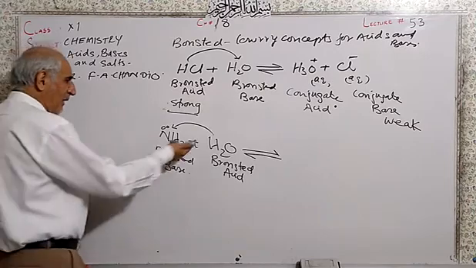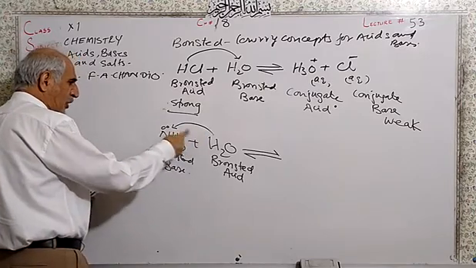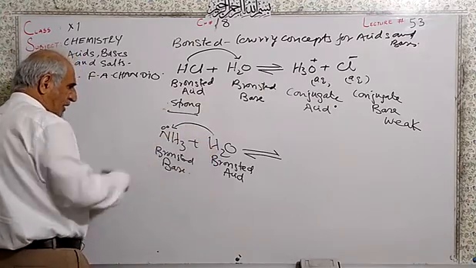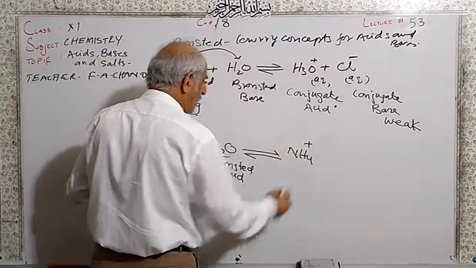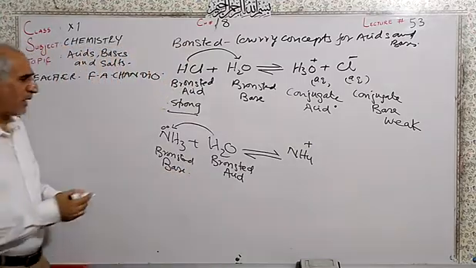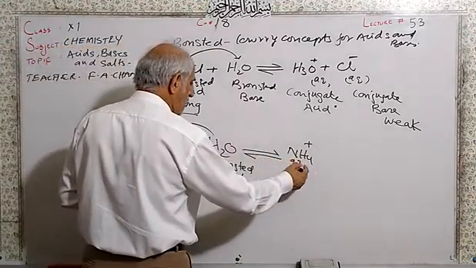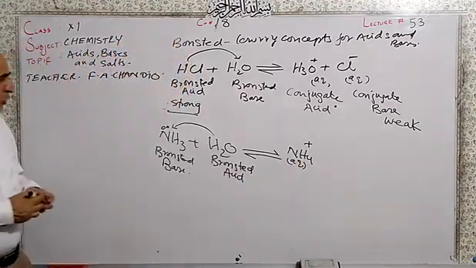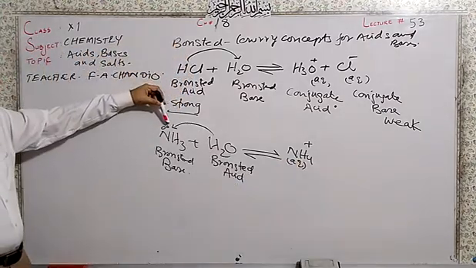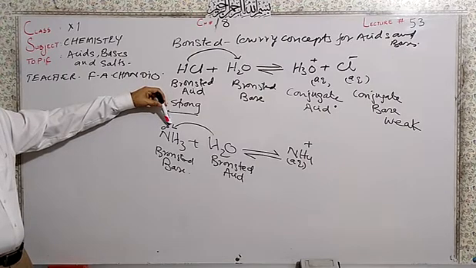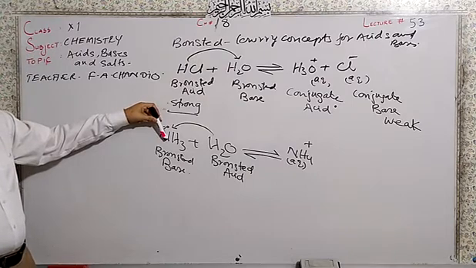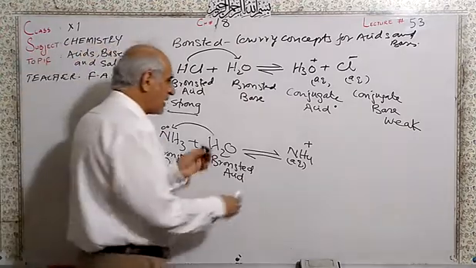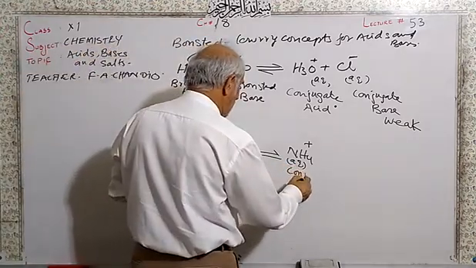When one proton is donated by the water to the ammonia, it forms the ammonium ion in aqueous solution. When a Bronsted base accepts a proton, the resulting species is called the conjugate acid.